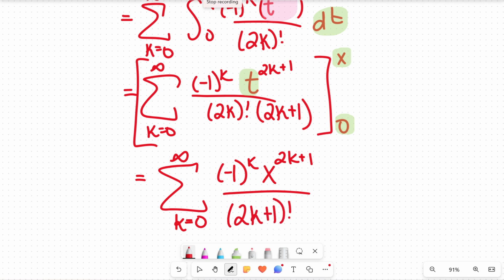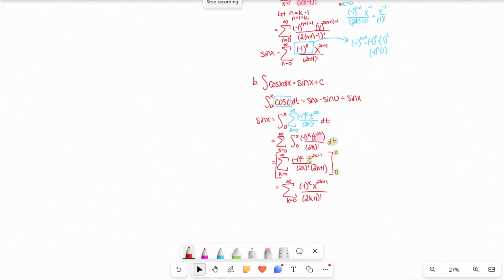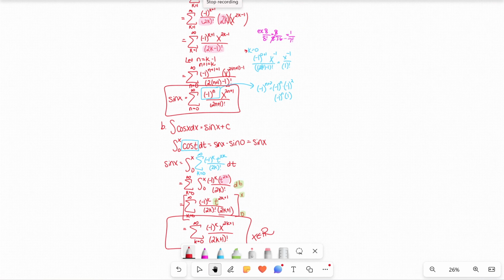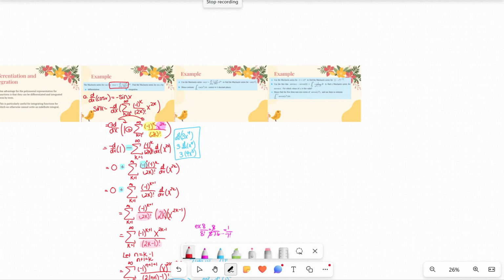And if you notice, this answer does match what we found for our previous problem. This time we used n instead of k for sine x, but in both situations we do get the same answer. We can say that x belongs to the set of all real numbers. So that's our first example.